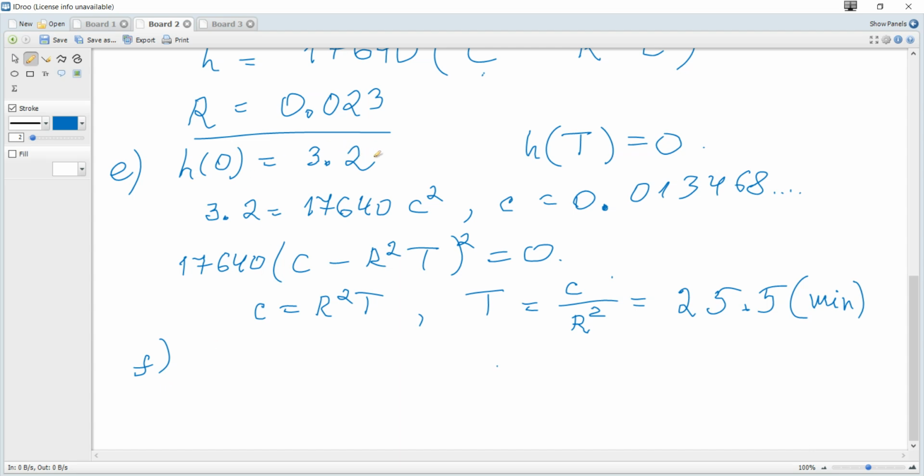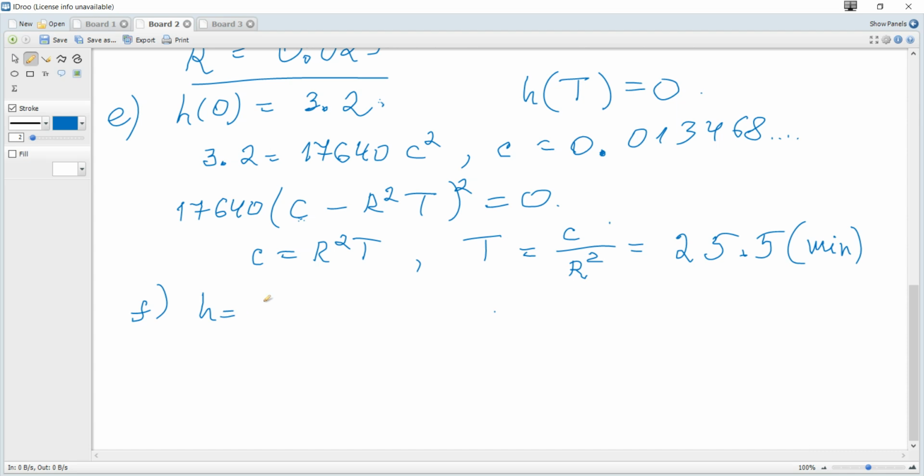So there will be new h of 0, but h of 0 depends on what, or actually, vice versa, this C depends on the initial condition, so that this value T is 15 minutes now. So how can we solve it?